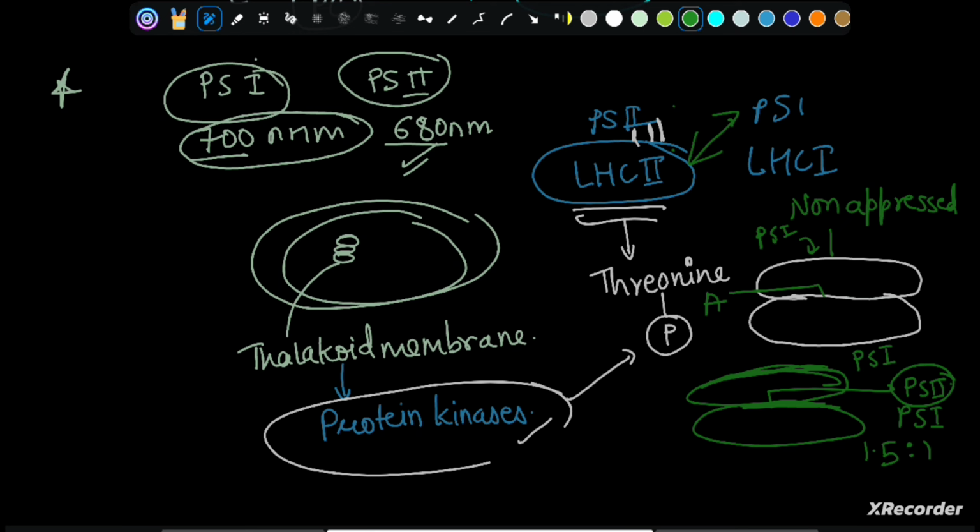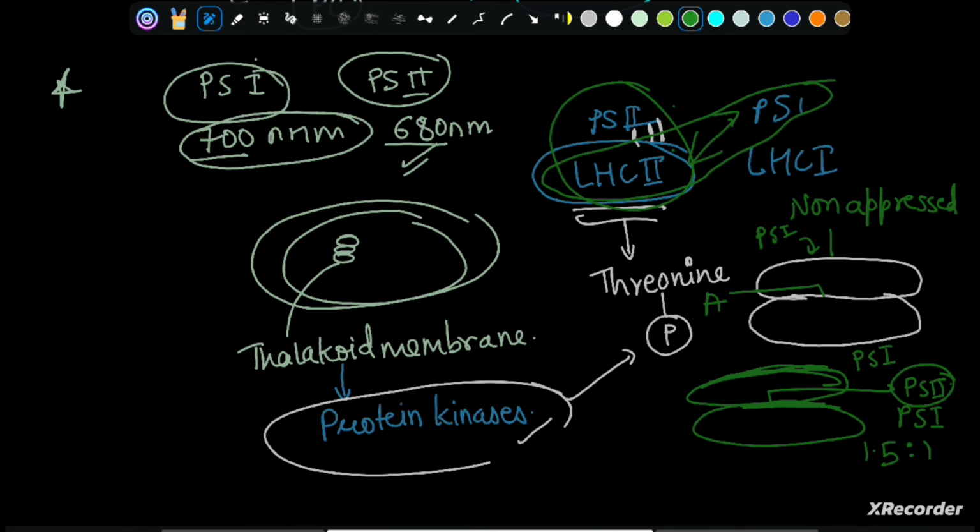Thus when LHC2 is not phosphorylated, it delivers more energy to PS2. Non-phosphorylated LHC2 helps its original partner, PS2. But when it gets phosphorylated, it will deliver more energy to PS1.